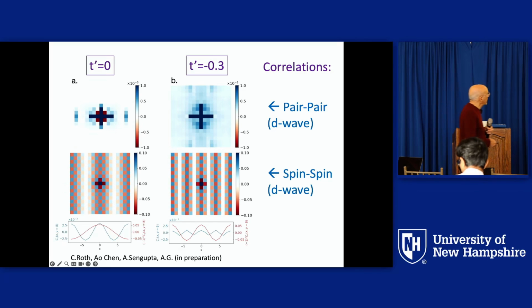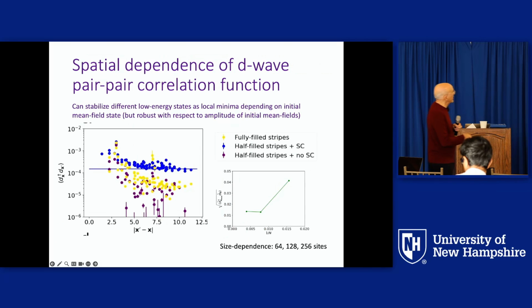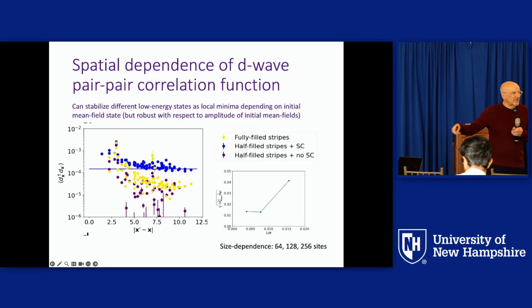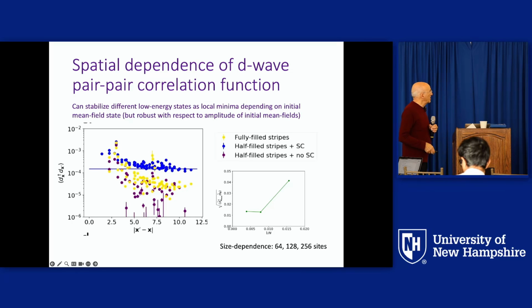And if you don't like to judge things just by colors, which is actually my case, you can plot these things. And this comes back to the thing I was mentioning before. This is actually stabilizing different states by initializing the optimization with different initial mean field Pfaffians, but of course checking that we always go to the same place independent of the initial state.